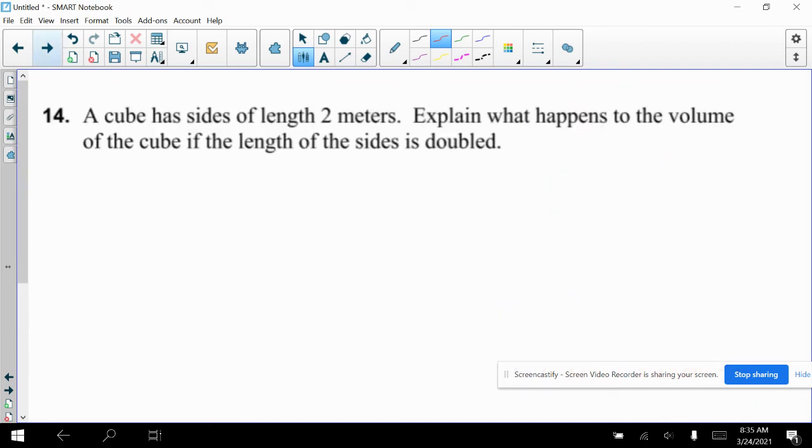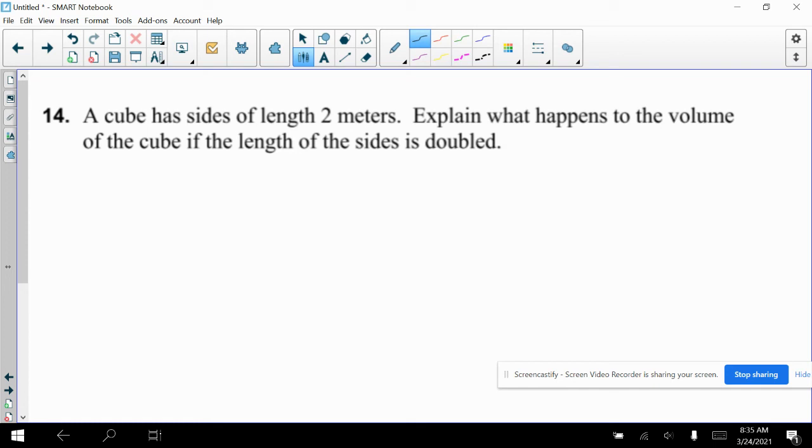Oh boy. A cube has sides of length of 2 meters. Explain what happens to the volume of the cube if the length of the sides is doubled. I would let you do this on your own, but we'd be here a while. Listen, this is where you have to draw pictures because the visual is going to give you the answer.